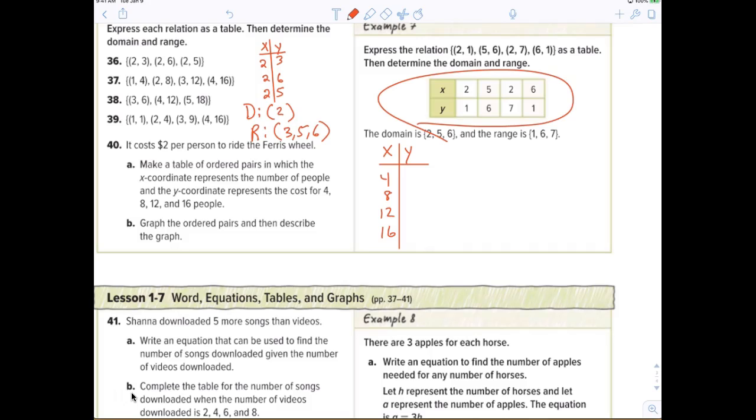If it costs $2 per person and 4 people ride, the cost would be how much? If 4 people ride the Ferris wheel, how much is it going to cost me? $8. Beautiful. Everybody okay with that?